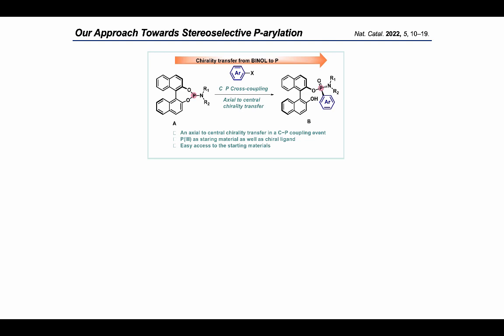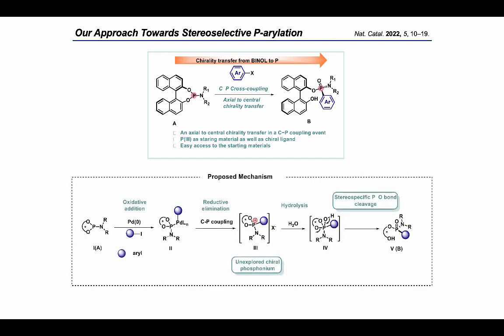The key to this success is the axial to central chirality transfer from binyl to the phosphorus atom during a catalytic cross-coupling event. This method replaces the use of an external chiral ligand. This is because the binyl containing phosphoamidite already has the intrinsic properties of a chiral ligand that can simultaneously serve as a substrate. Let's dive into the proposed mechanism.